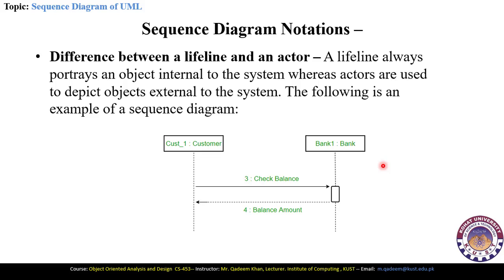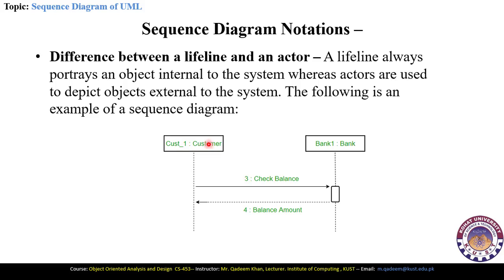Another notation of the sequence diagrams is the difference between a lifeline and an actor. A lifeline has an object internal to the system, whereas an actor is used to show an object external to the system. You can see that there are two lifelines, customer and bank. The customer has KUST_1 as the object, while bank 1 is the object of the bank class.